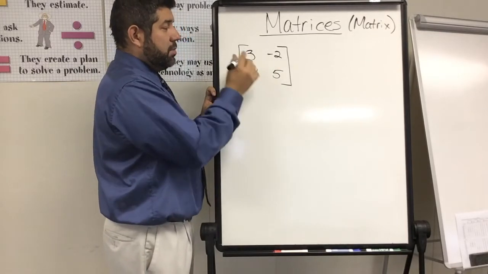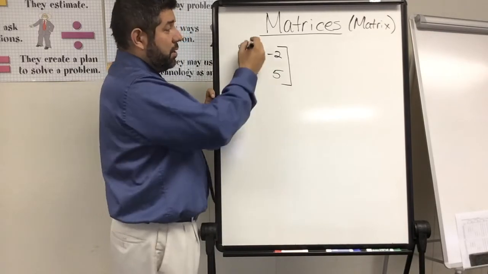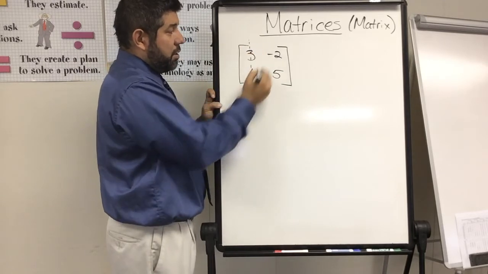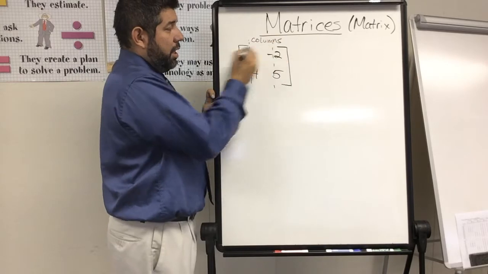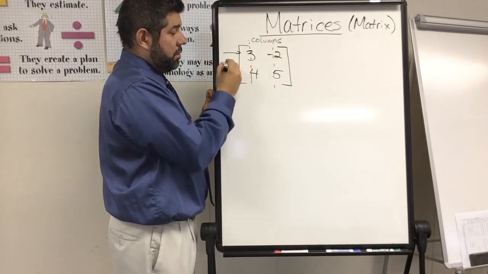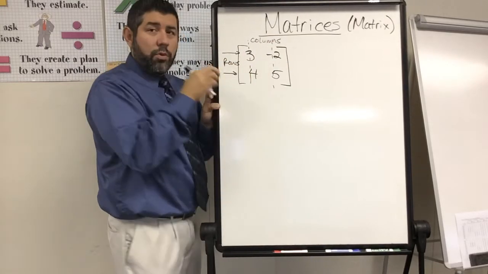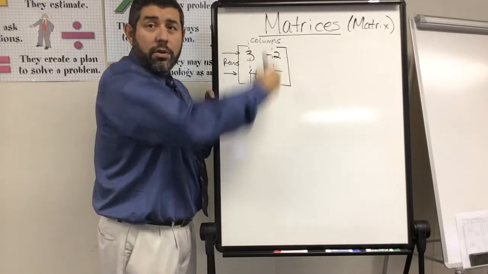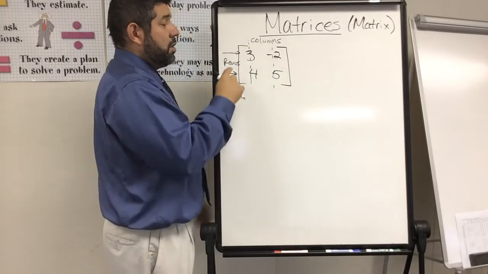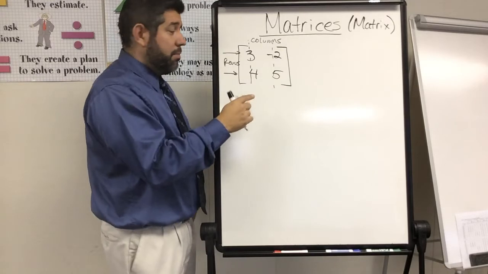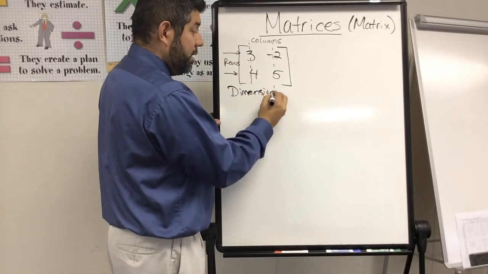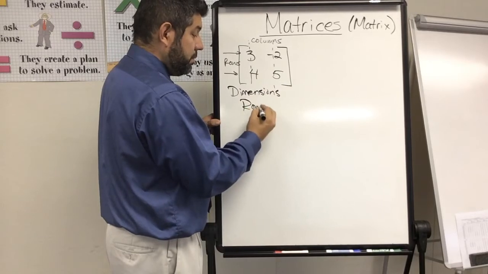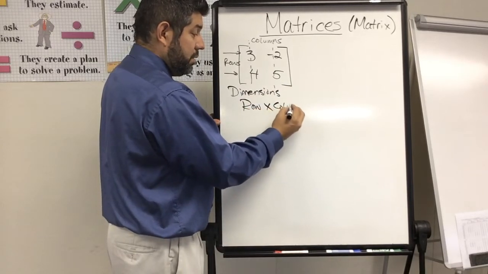The matrix is broken up into columns and rows. Columns go down this way, so these are the columns, and these are the rows. Rows go like this, columns go like this. Now, the dimensions of a matrix are given by its rows by columns.